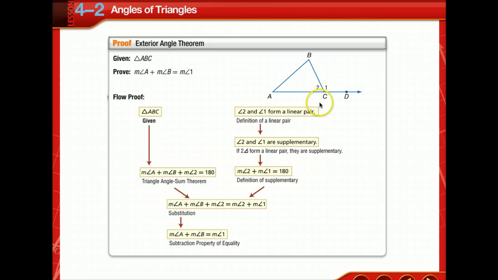We can look at this and we know 1 and 2 form a linear pair, and we're given that ABC is a triangle. The reason justifying each statement is written below the box. So here's the reason below this statement. You can use a flow proof to prove the exterior angle theorem. So I'm going to give you just a moment to take a look.